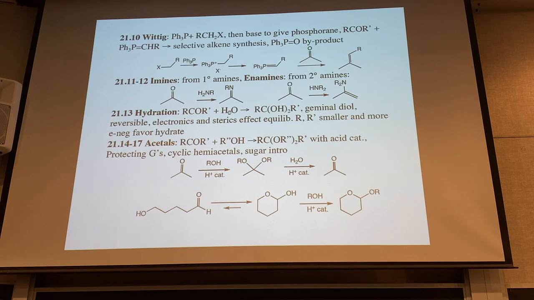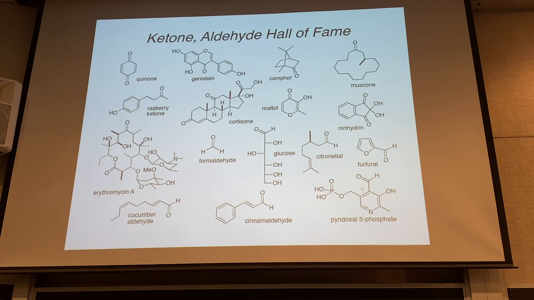Then we'll do hydration, which is kind of an introductory reaction. It's not really productive synthetically, but it's useful to talk about that reaction first before we get into acetals. And this is that key reaction, like we said, related to sugar chemistry. So that's our outline.